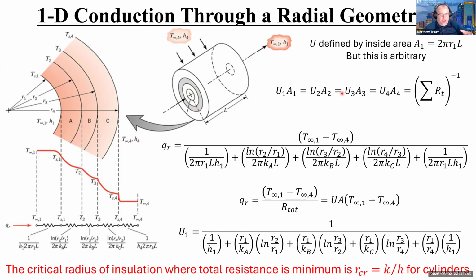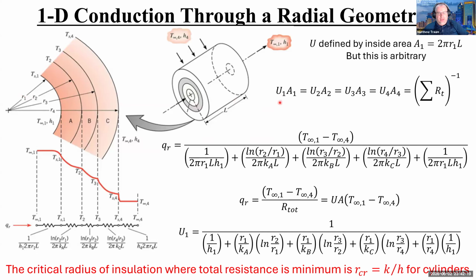So the other thing that I want to mention is previously I had introduced this U value, this thermal conductance value. In this case, each one of these areas is different, right? In the plane wall, all the areas were the same. And so when I wrote this version of the equation, I was able to just pull the area out, multiply it by R total, and it made sense. In this case, each one of these areas is different, but the thing that's the same is that the heat flux through all of these layers is all the same.